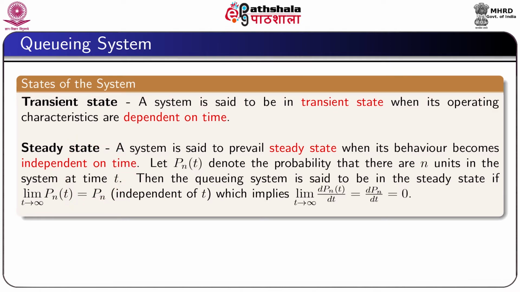Then the queuing system is said to be in the steady state if the limit as t tends to infinity of P_n(t) equals P_n, which is independent of time t, and this implies that the limit as t tends to infinity of dP_n(t)/dt equals dP_n/dt equals 0.